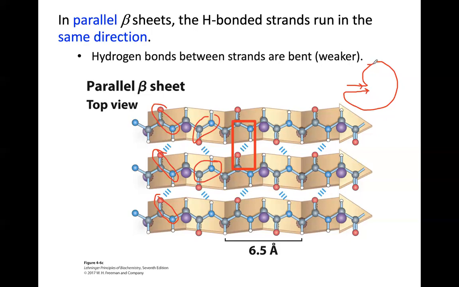So it also depends, besides the primary structure, on which of these is more favorable in the context of the tertiary structure of the protein. These beta sheets are mixed together with random coils and with alpha helices, right? So which one, parallel or anti-parallel, is more favorable on a bigger scale? So again, it's a multifactorial answer to your question. There are lots of factors to consider.